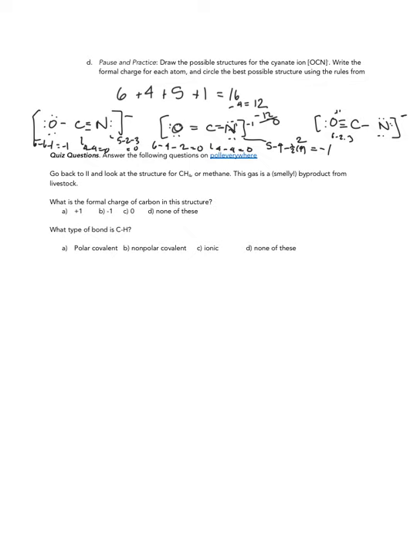And for carbon, we would still have a charge of 0, but for nitrogen, we would have 5 minus 6 minus 1, which would give us a charge of -2 for nitrogen. This structure is unfavorable because we have a plus on the most electronegative atom and a minus on the not most electronegative atom.